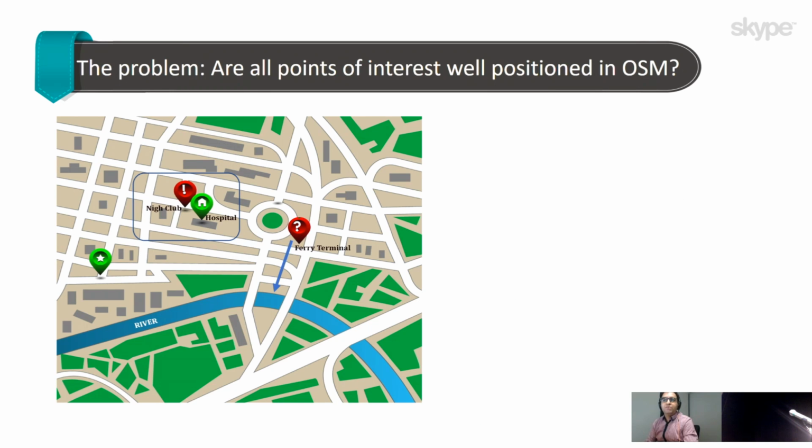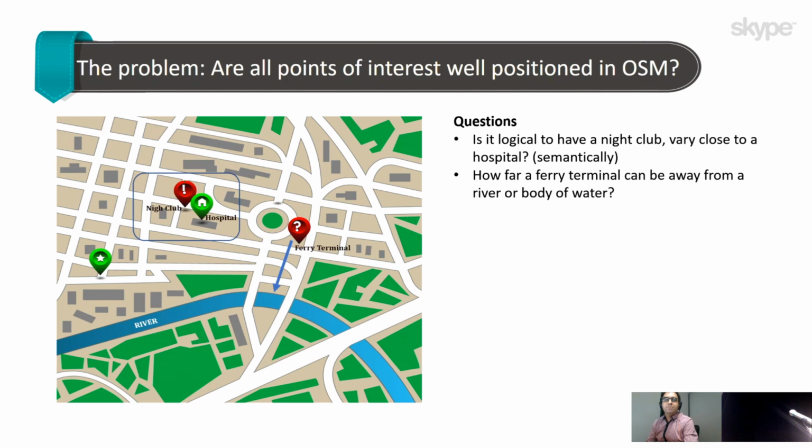Let me begin straight away with the problem that I'm going to challenge today. As you know, we're not 100% sure if all existing or newly added points of interest in OSM are semantically or logically well positioned. Some questions, as you see on the map: is it logical to have a nightclub very close to a hospital?